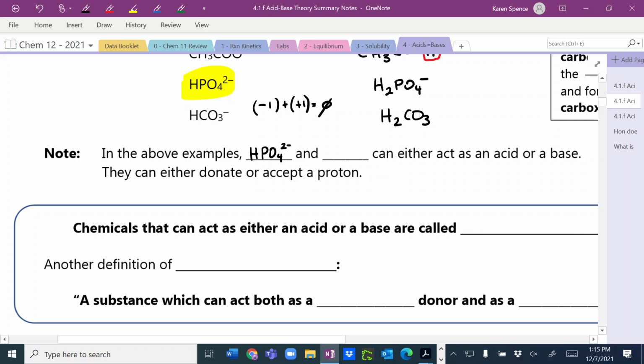Yes, amphiprotic, because it can do both.